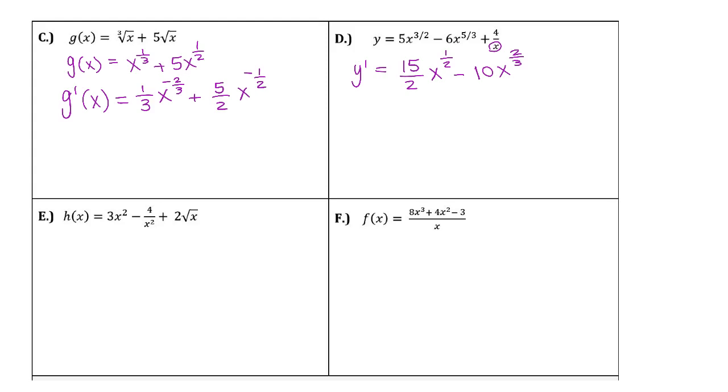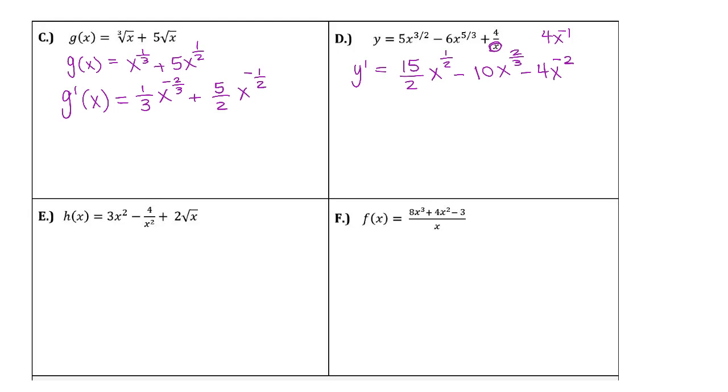Now what about this x here? That's really 4x to the negative 1, isn't it? So that's going to be negative 4 x to the negative 2. And I want y'all to leave it for right now. Just leave it alone. Questions? All right, let's keep going.